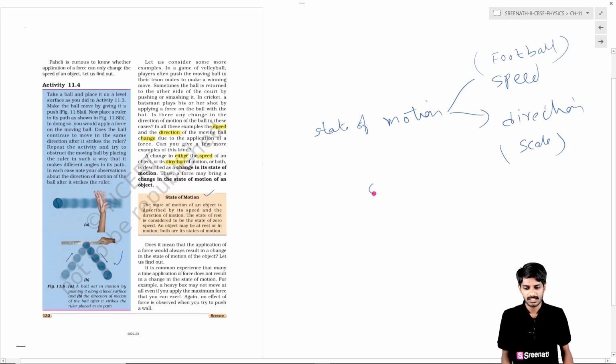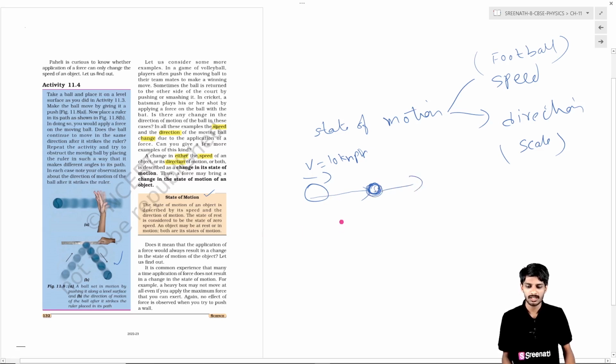If there is a small ball here and a large ball here, suppose it is coming with some speed, say 10 kilometers per hour. If the other ball is at rest, it will come and collide with it. After collision, this ball also will start moving.